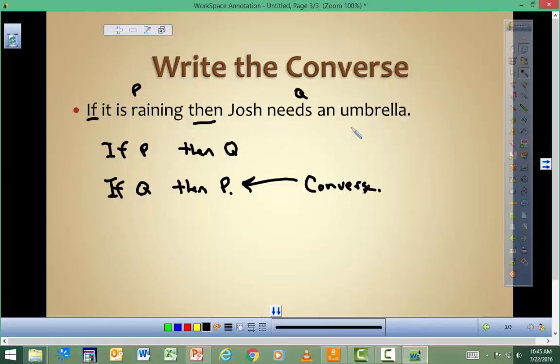This part needs to be first, so I need to say: if Josh needs an umbrella, then it's raining.